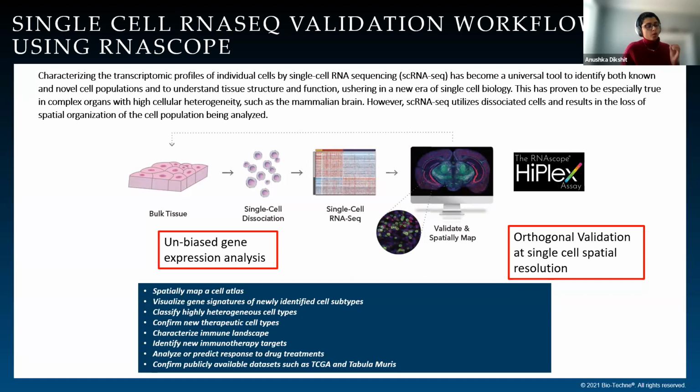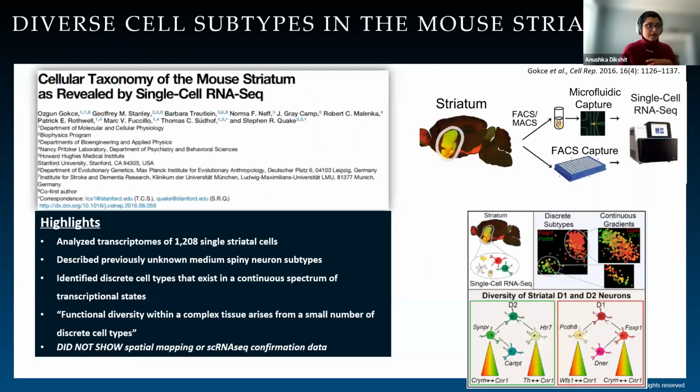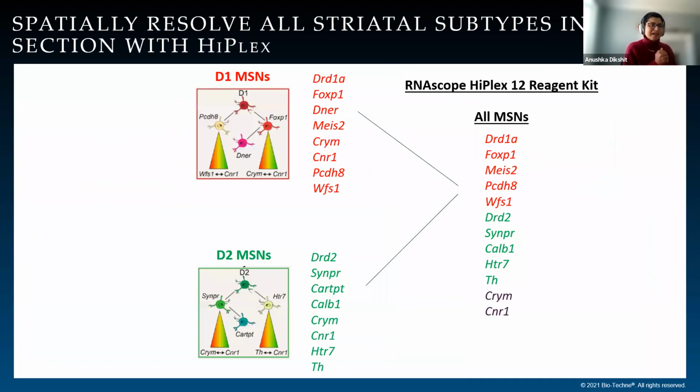And so this particular paper showed how they profiled the striatum by doing cell sorting, followed by single cell sequencing, and identifying novel cell types within the mouse striatum. So what we wanted to do was look at this research paper, identify the different targets that they have discovered using single cell sequencing, and then use our HiPlex assay platform to visualize these novel neuronal populations in a tissue context.